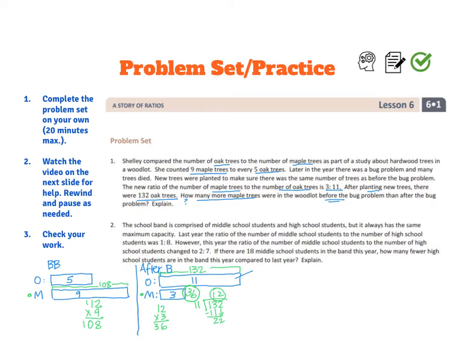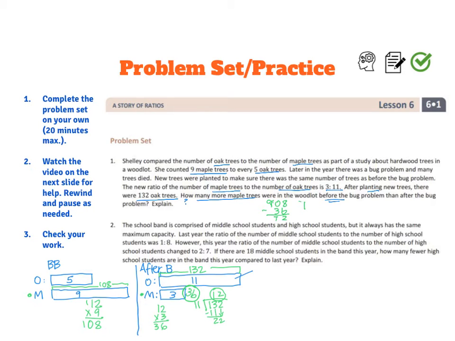If I have 108 before the bug problem and then I went down to 36, there's a 2, and then 10 minus 3 is 7.